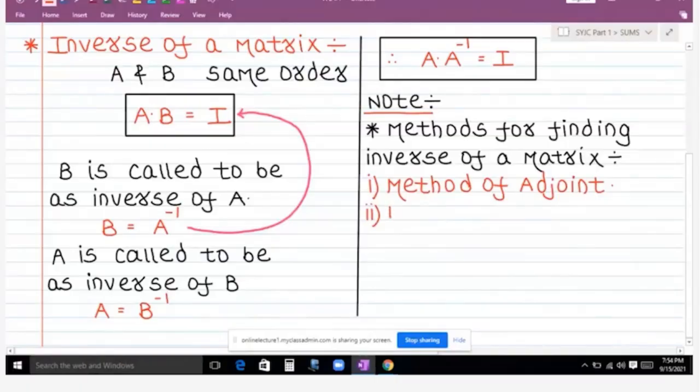Number 2, by using the elementary transformation method.